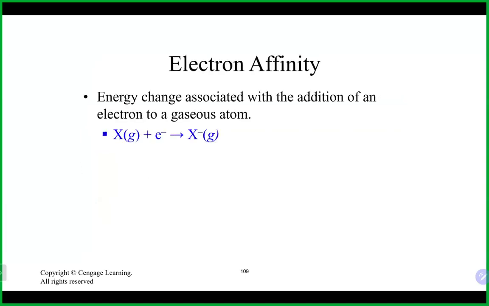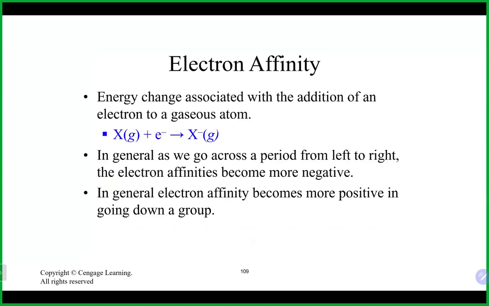Now, electron affinity is what we think about when we talk about somebody gaining electrons. And this is what we talk about when we talk about anions, because those guys become more negative because they gained electrons. This is the energy change that's associated with an addition of an electron in the gas phase.